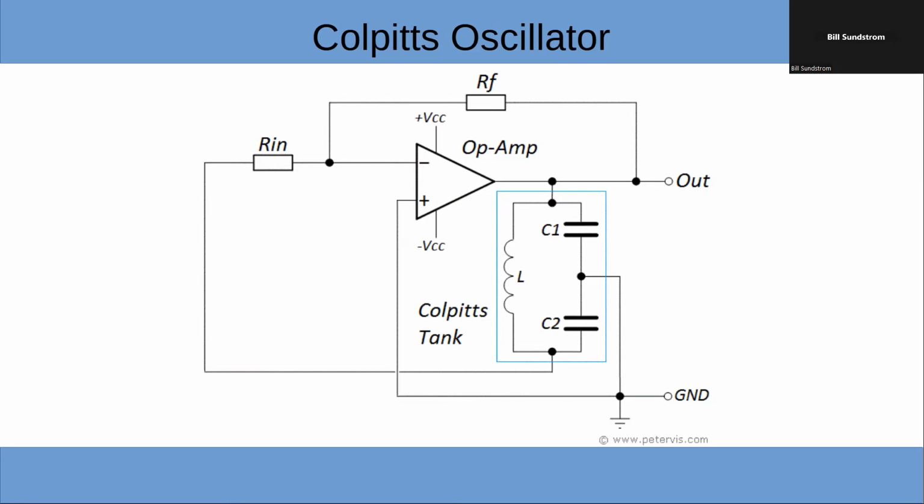The key is, whether this is an op amp or a transistor or a tube, the feedback element is going to be this inductor and capacitive divider resonant circuit. So you're going to take the output, feed it through this tuned circuit, which is half of its reference to ground, back to the input.